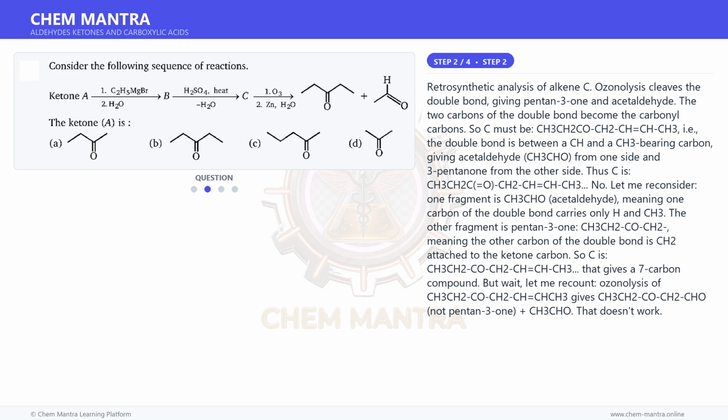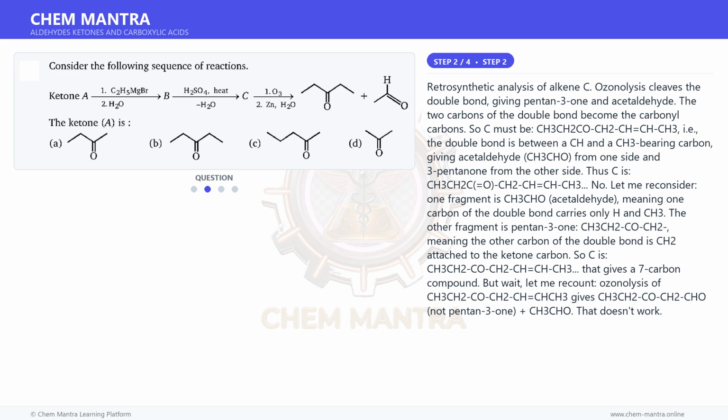So C must be CH3CH2CH2CH=CH3, i.e., the double bond is between CH and a CH3-bearing carbon, giving acetaldehyde, CH3CHO, from one side and 3-pentanone from the other side. Thus C is CH3CH2C=O, CH2CH=CH3.